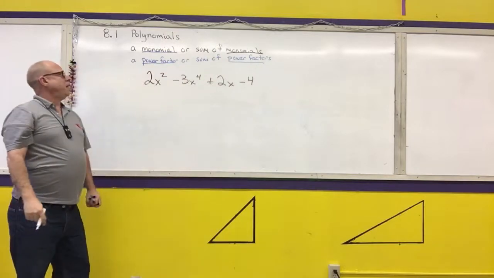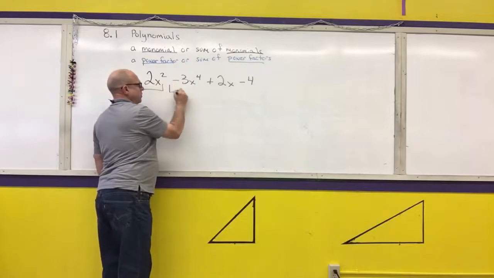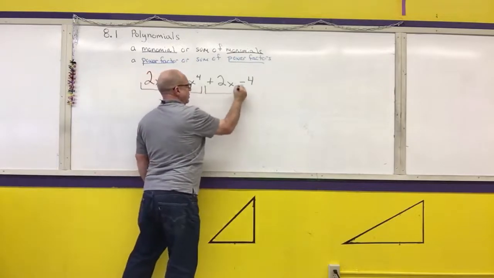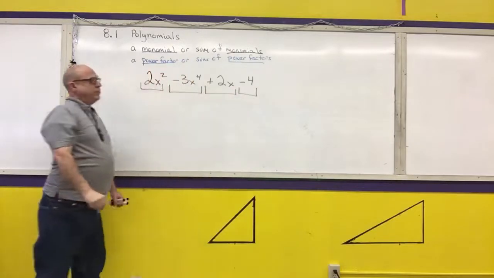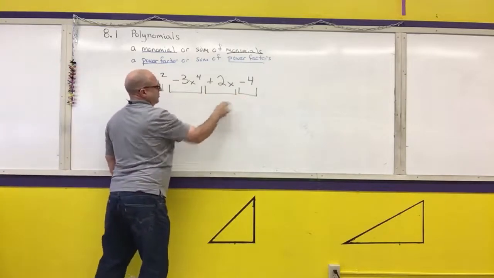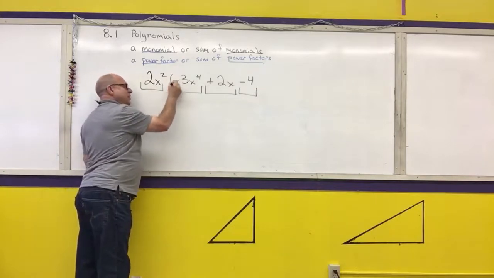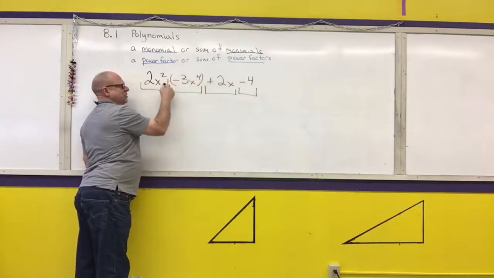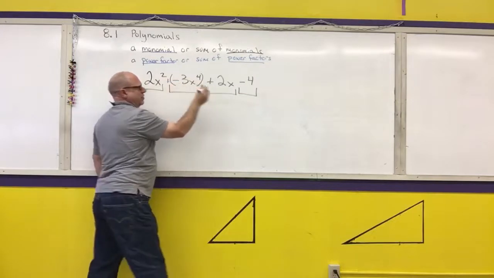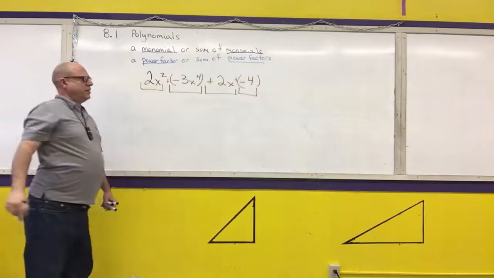And this would be a polynomial because each of these items here are monomials. So it's a sum of each one of these 4 monomials. Notice I have a negative sign here, but that negative is the same thing as plus the opposite of that number. Same thing here. So I do have a sum of all of these things.